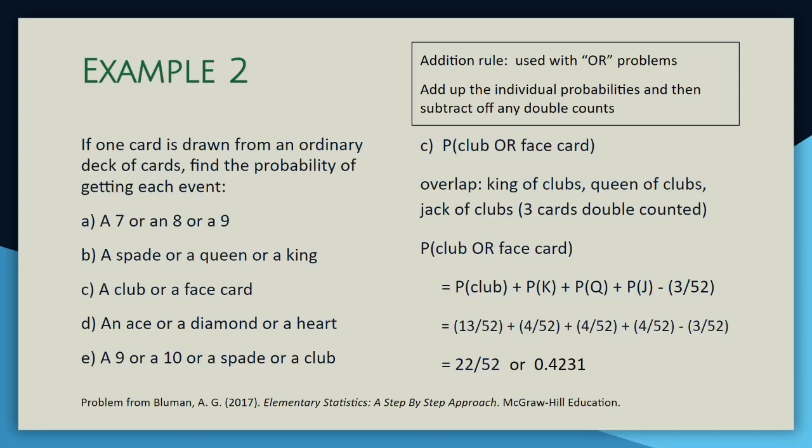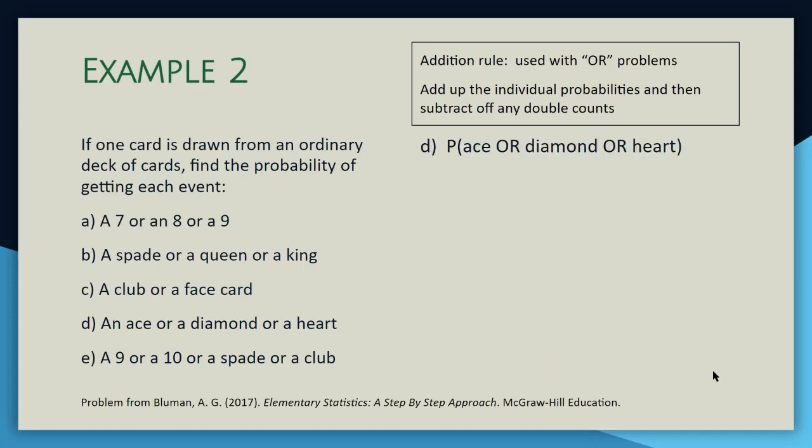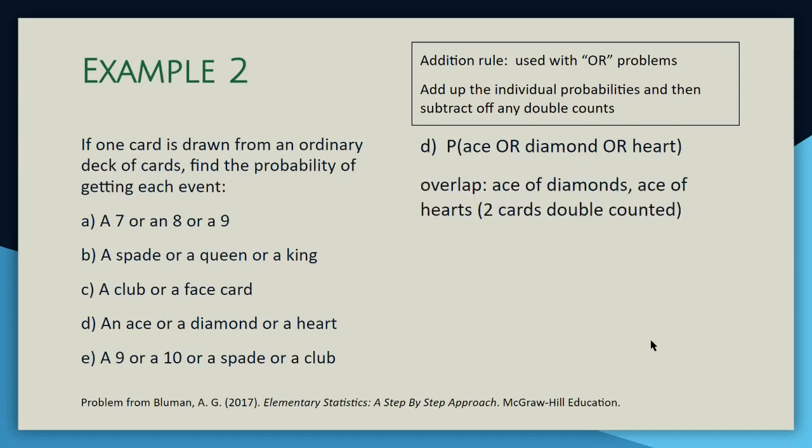Okay, I'm hoping this is starting to feel a little bit more familiar. Let's try 2 more. For D, it's ace or diamond or heart. So ace, we know there's 4 aces in a deck, and then a diamond and a heart are 2 suits, so 13 and 13. And there's 2 overlaps. There's an ace of diamonds and an ace of hearts.